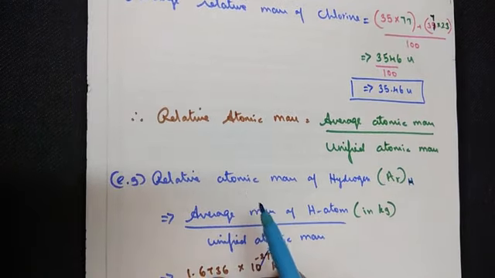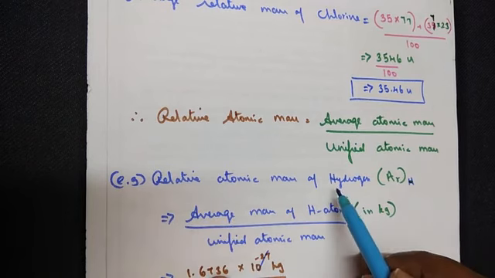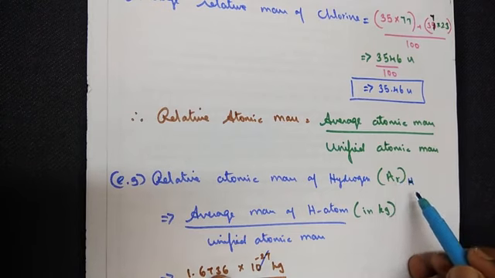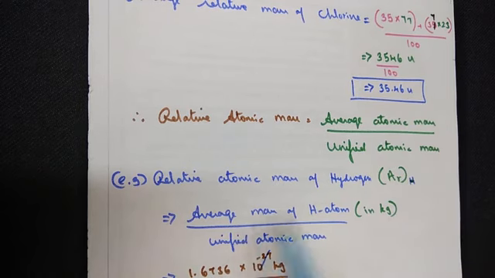Now, an example is given to you: relative atomic mass of hydrogen. To calculate the relative atomic mass of hydrogen, that is Ar(H), Ar stands for relative atomic mass. The formula is the average atomic mass of the hydrogen atom divided by the unified atomic mass unit.